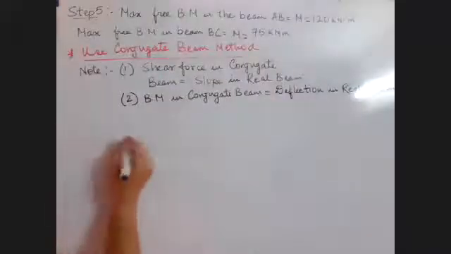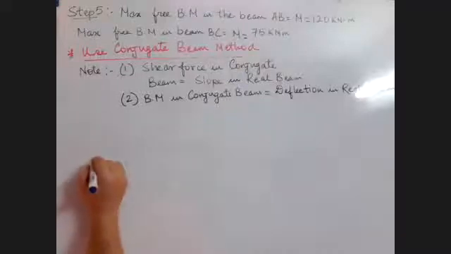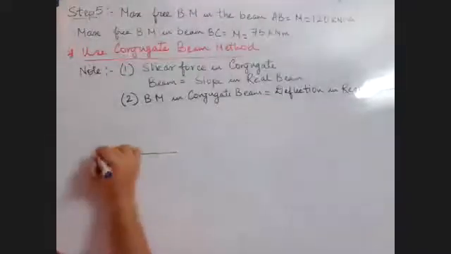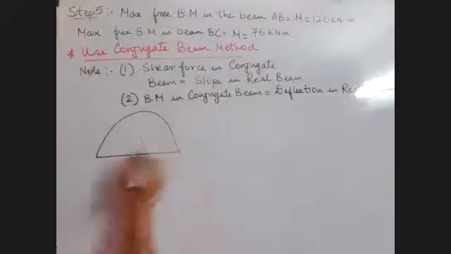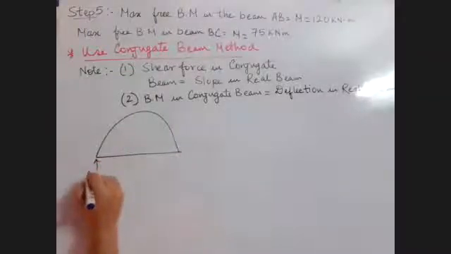So we will do the conjugate beam for AB and BC. So this is A dash B dash.